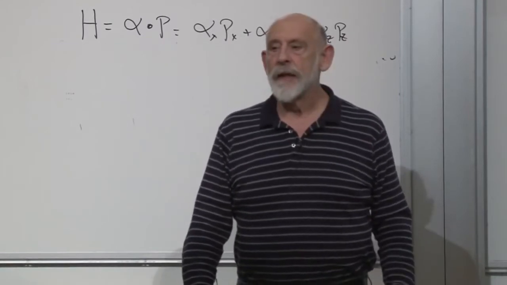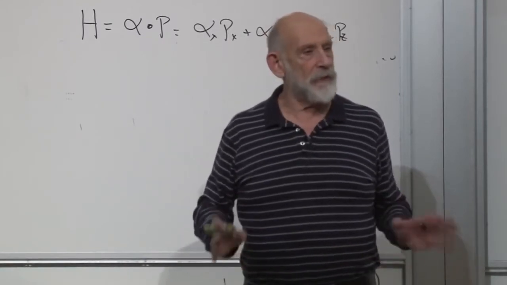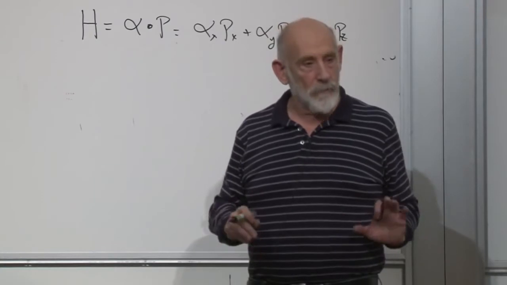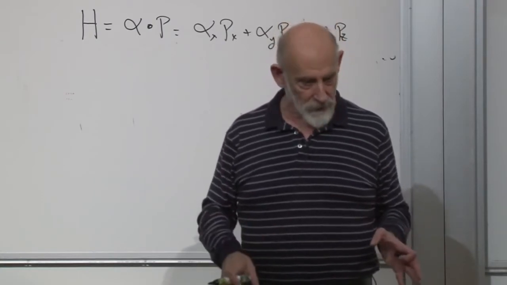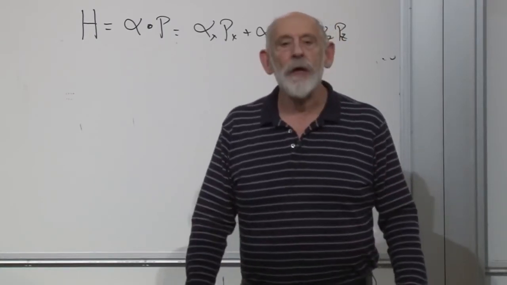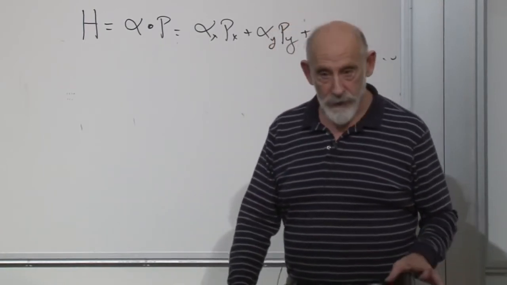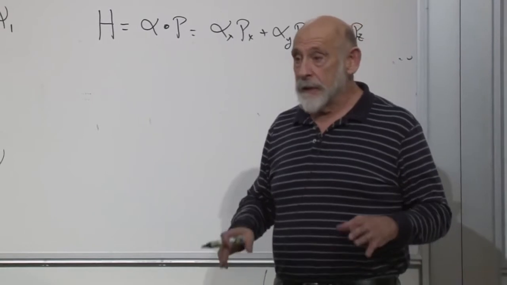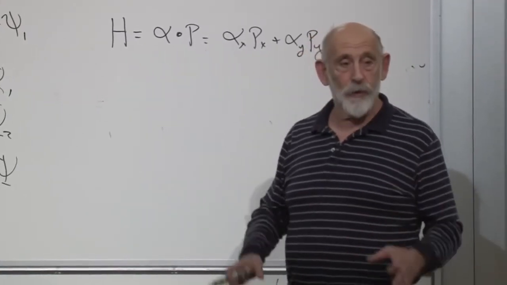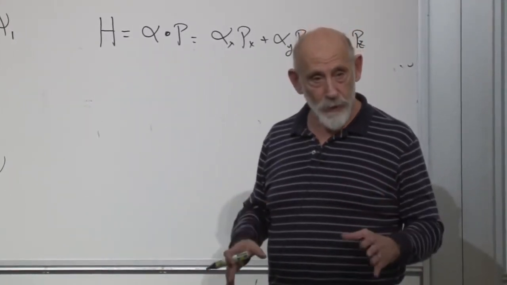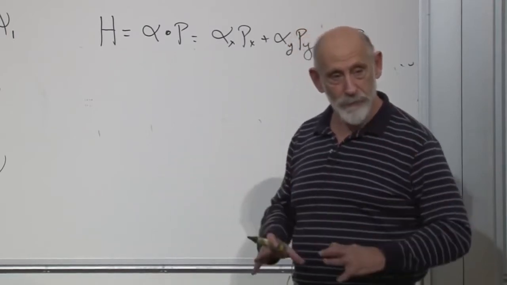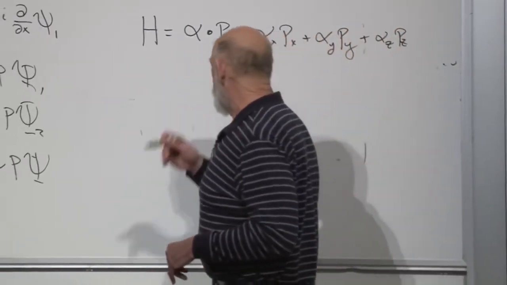Okay. What do the alphas have to do to make this sensible? For the moment, we're not going to try to make a mass. We're going to make a massless equation. So what is the right formula for our massless particle, its energy versus momentum? The answer is energy squared equals momentum squared, but that means energy squared equals px squared plus py squared plus pz squared. That's what we want to get.